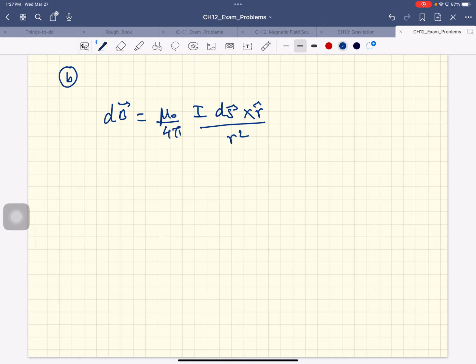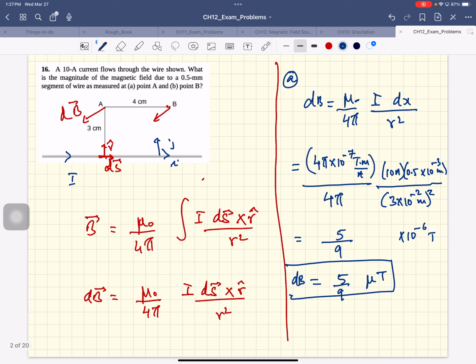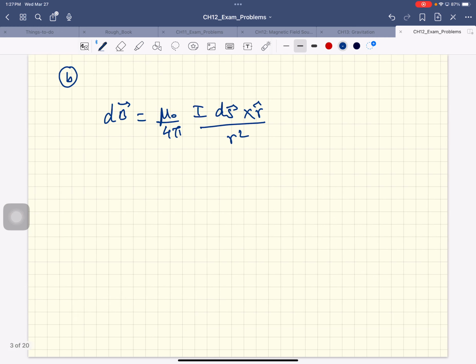Except that now, for point B, here is ds, there is point B, and r hat is in this direction. So the magnitude of ds cross r hat is dx, the magnitude of ds, times the magnitude of r hat, which is 1, times sine theta. There is theta.